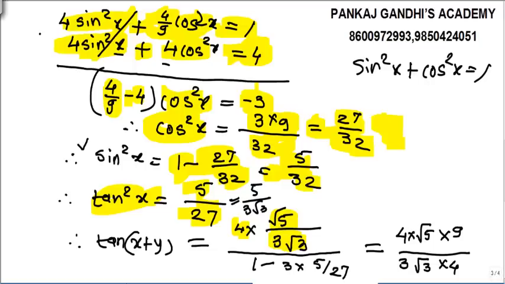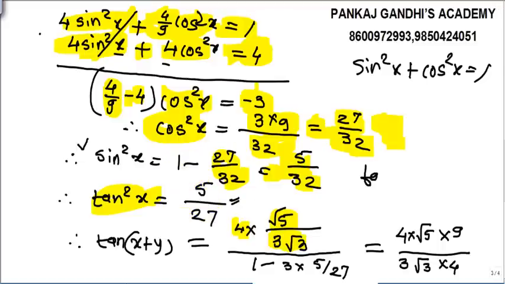See, in this case 3 root 3 is not there under tan square x, because this is tan square x. So root 27, 5 by 27, 9 into 3, so we can write it as 3 into root 3 under the root. That's why it is only 5 by 27. Now the 4 tan x value is there. So the tan value is under root of 5 and under root of 27.